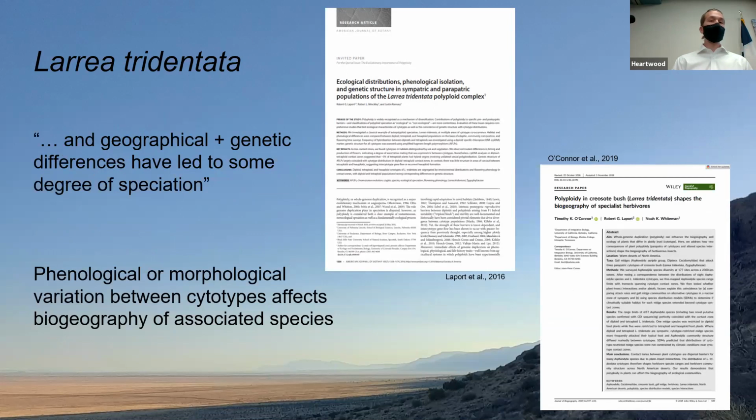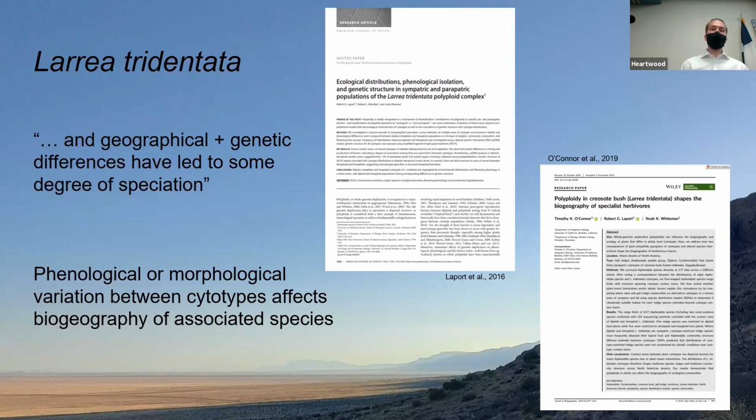This paper in the middle that you see here talks about how, because of differences between the physical characteristics of the plants, such as when they produce flowers, there's a degree of assortative mating between cytotypes, which means basically that if you're part of one cytotype, you only tend to mate with plants of the same cytotype rather than of another, which is just a barrier to gene flow that can cause speciation.